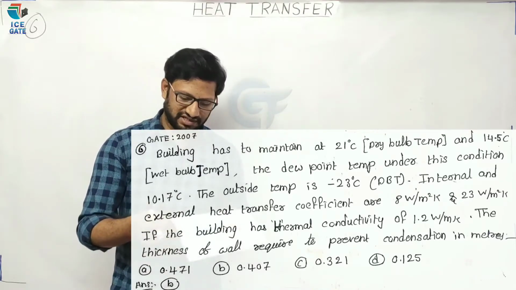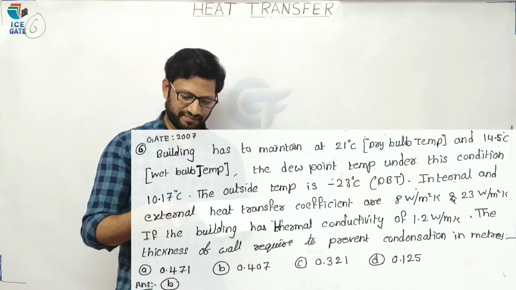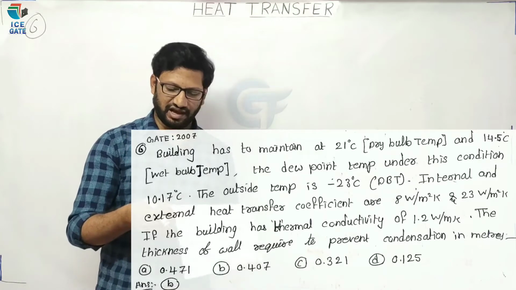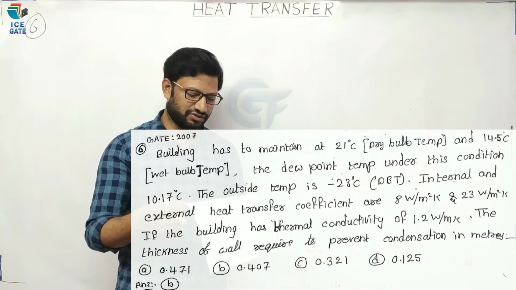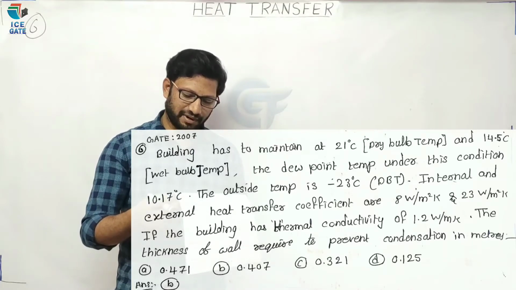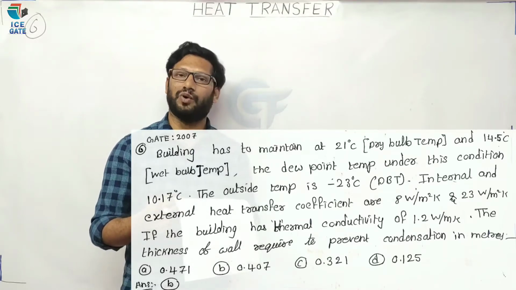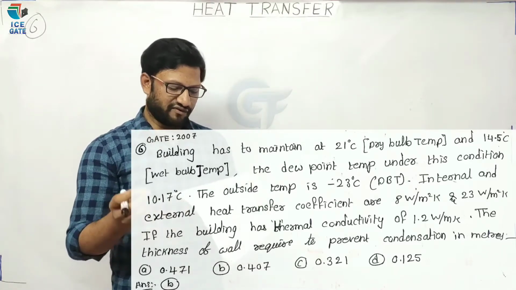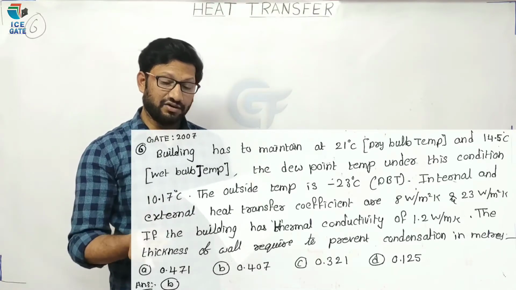The outside temperature is minus 23 degrees centigrade. Internal and external heat transfer coefficients are 8 and 23 watt per meter square Kelvin respectively. The building wall has thermal conductivity of 1.2 watt per meter Kelvin.